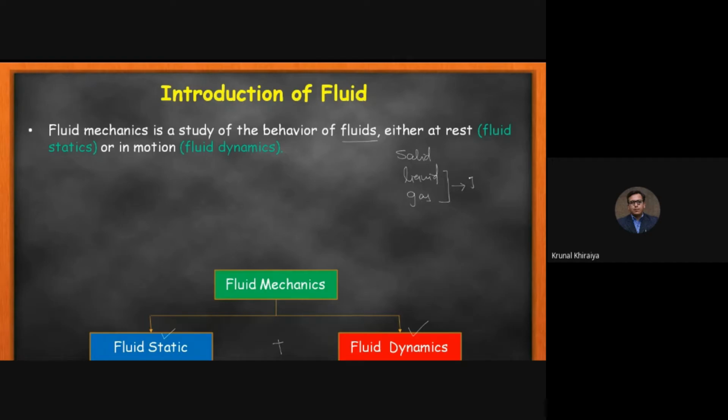Combined, liquid and gas are treated as fluids. The definition of a fluid is a substance which has an ability to flow. We know that liquids and gases flow under different conditions, but a solid does not flow.